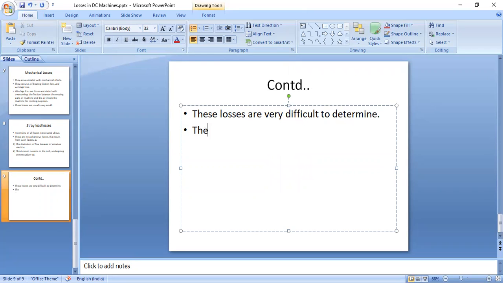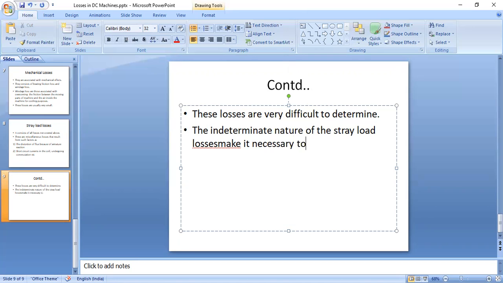The indeterminate nature of the stray load losses makes it necessary to assign it a reasonable value. Because these losses do not have a particular value and we determine them with difficulty, generally we assign a reasonable value to them.